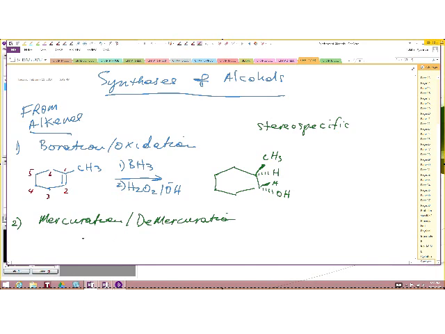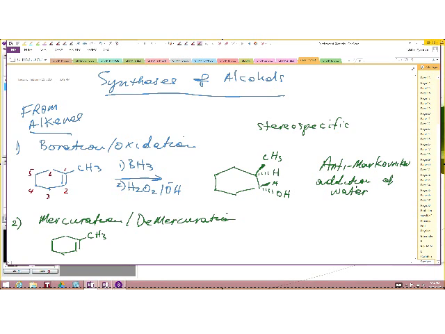In this case, if you take the same molecule as above, oh, by the way, we say this is an anti-Markovnikov addition of water across the carbon-carbon double bond.